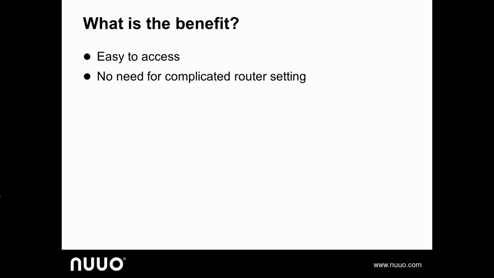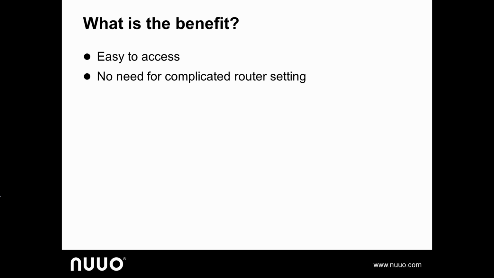So another exciting feature is the Easy NUUO. So, what is Easy NUUO and what's the benefit of it? Well, Easy NUUO is a network service which allows you to log in to the NVRsolo without a lot of complicated router setting.